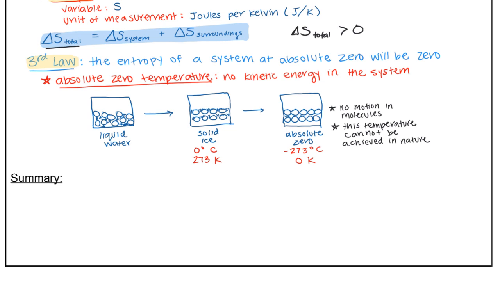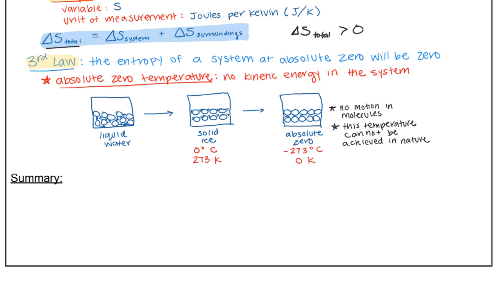We have estimated that absolute zero would be negative 273 degrees Celsius, which is 0 Kelvin. So absolute zero, again, is when our temperature has reached 0 Kelvin, negative 273 degrees Celsius, and there is absolutely no motion in these molecules.